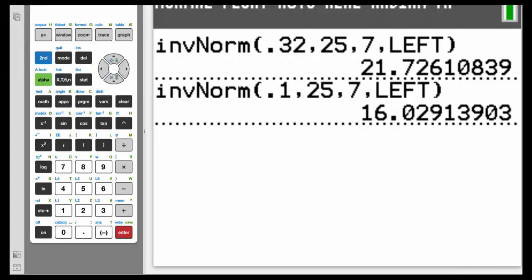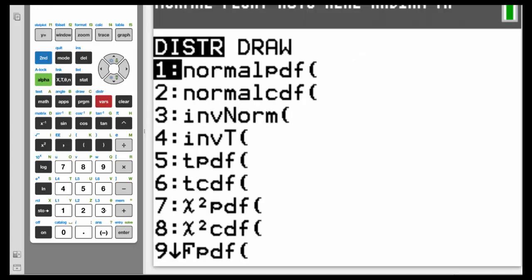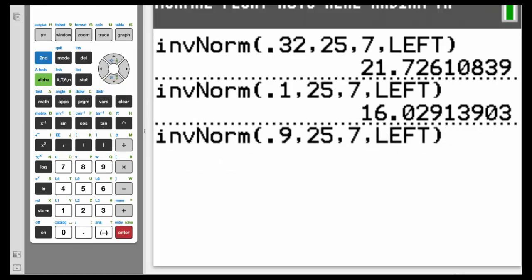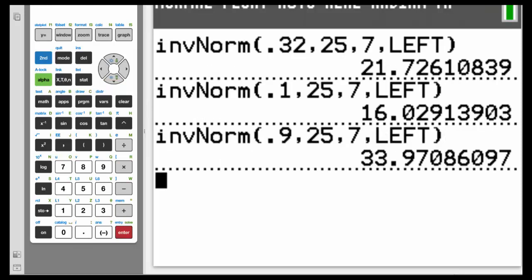Now, let's do the upper one. Again, second vars, inverse norm number 3. Here, I'll change the 0.10 to 0.90, hit enter. 25 and 7 still stay the same. Highlight, paste, hit enter. Rounding to 1 decimal place, that looks to be 34.0.